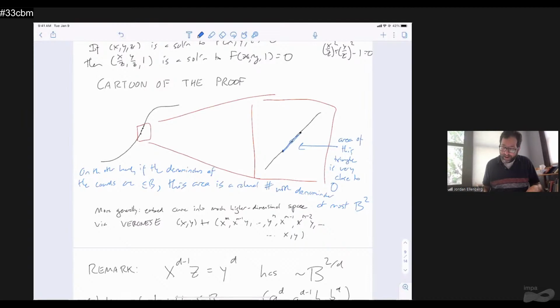I don't remember if that's the area or the square of the area, but the exact power doesn't matter. It just matters that it's some rational number whose denominator has a bound. Okay.